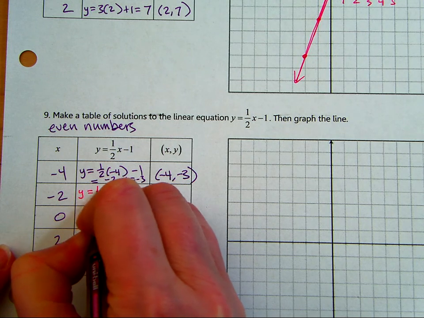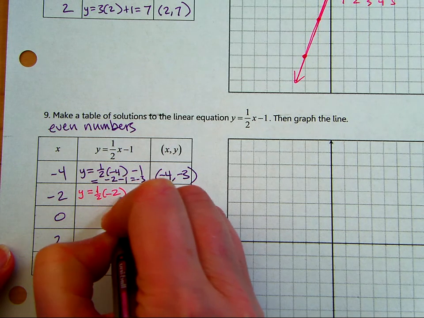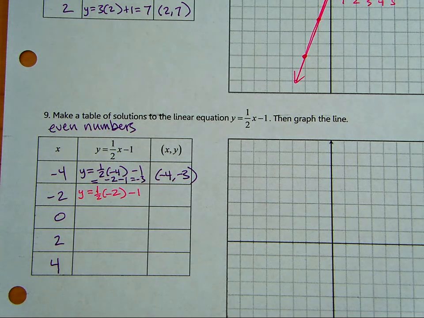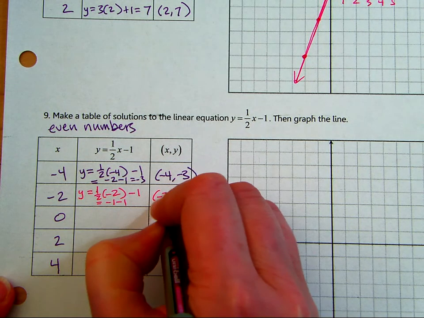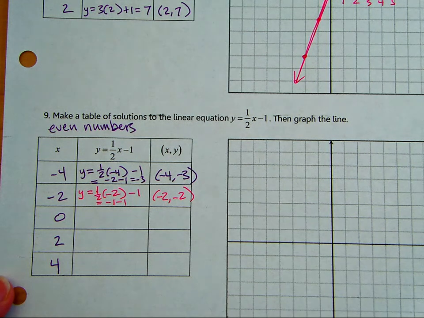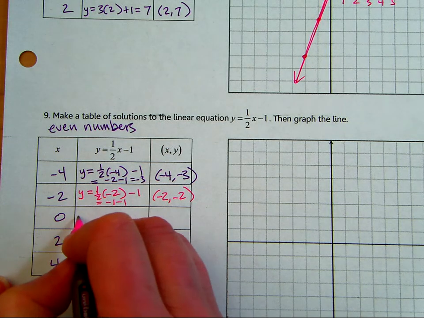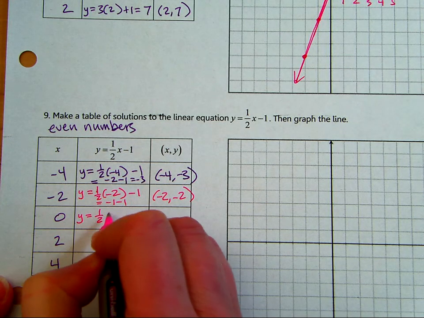Y equals 1/2 of -2 minus 1. So half of -2 is -1, minus 1 is -2. So -2, -2.